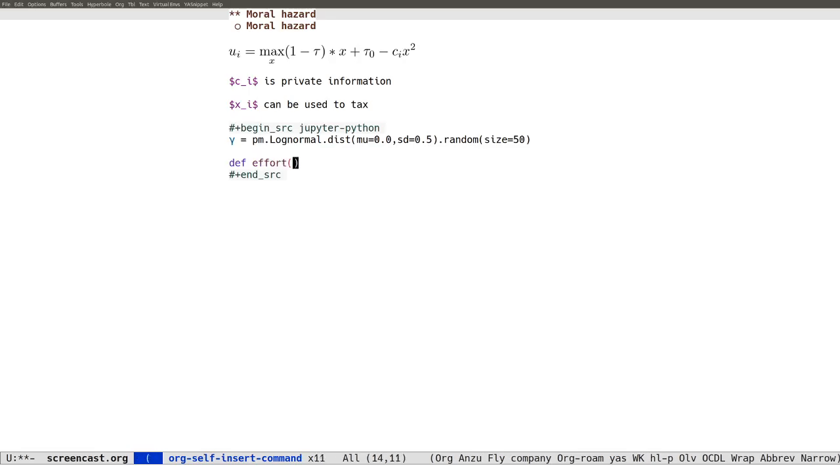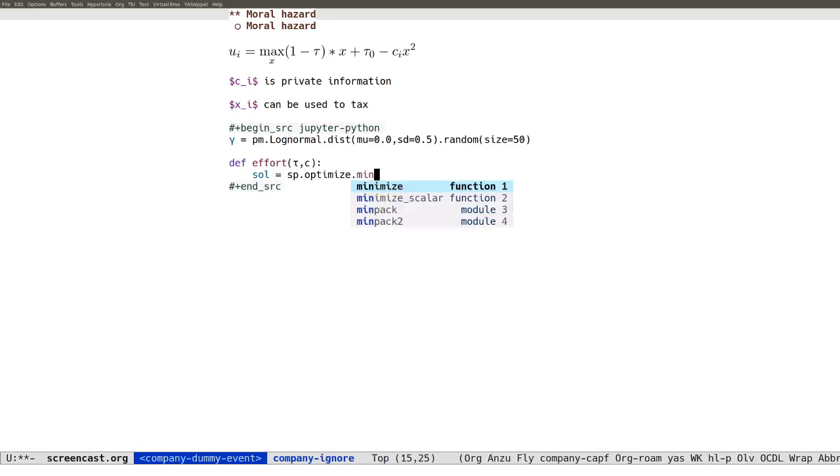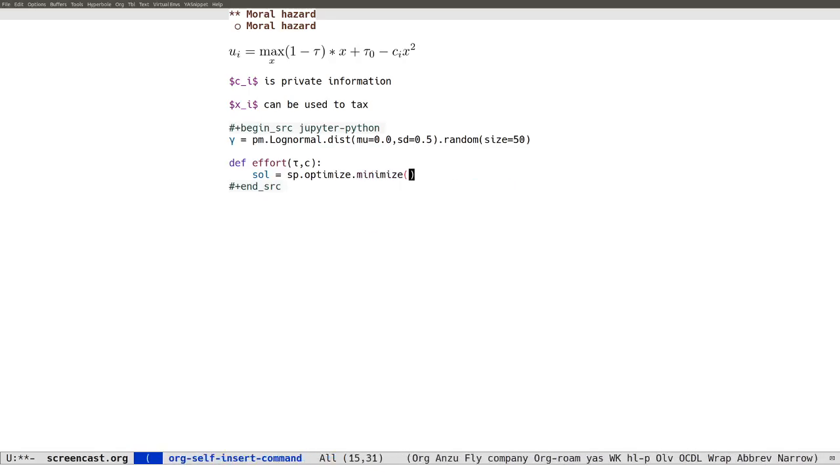And then I'm going to define the effort level for an agent who faces a marginal tax rate equal to tau and who has an individual effort cost equal to C. So what does this agent do? He solves the following problem. It's going to be scipy.optimize, and we're going to use the function minimize here. So we're going to minimize minus utility, so there's going to be a minus here.